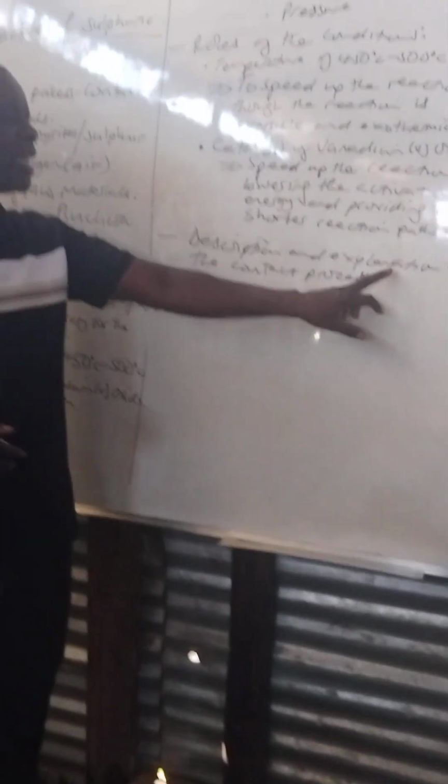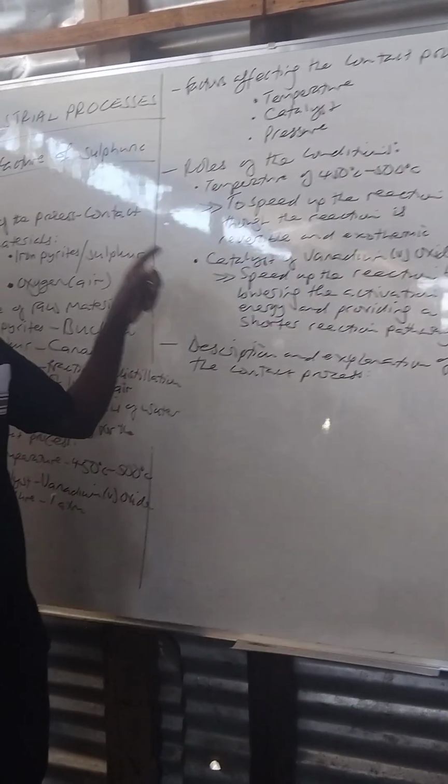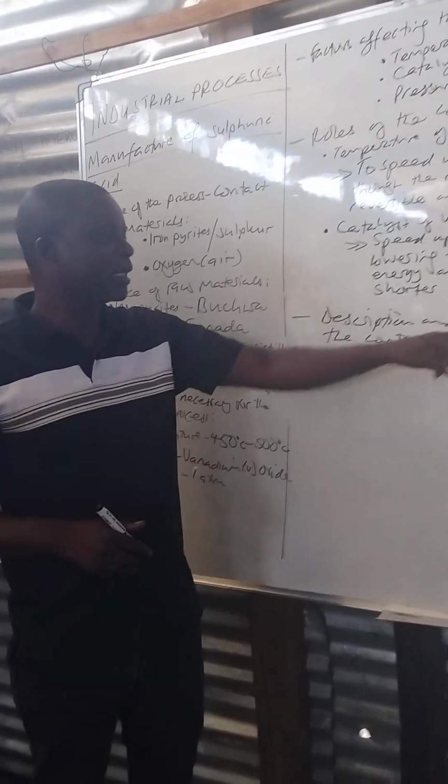To describe and explain means you have to give reasons in some of the steps, and the explanation is usually only on the conditions.